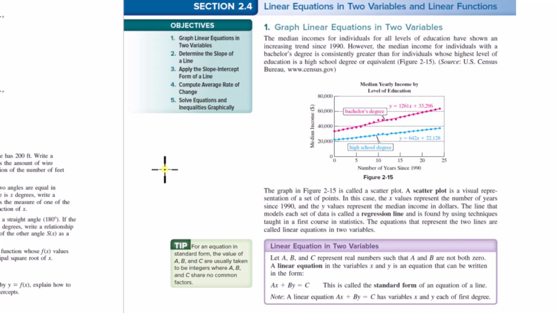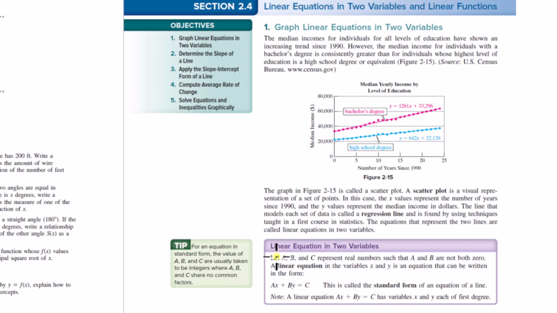But a linear expression is a subcategory of polynomial expressions where the total degree of each term in the expression is 1 or 0. So this is a linear term. This is a linear term. This is a linear term. This is just a constant. So if every single term in an equation is a linear term, then you have a linear equation.